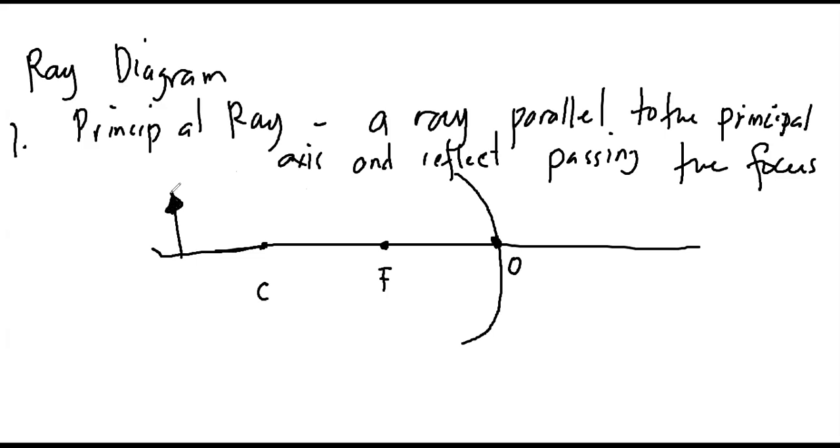So you use the ruler to draw a straight line going to the mirror. It must be parallel to the principal axis. I will change the color into different colors so that you can recognize them. Let's say, for example, it's red. So draw a straight line, there you are, and then it will reflect back passing the focus.